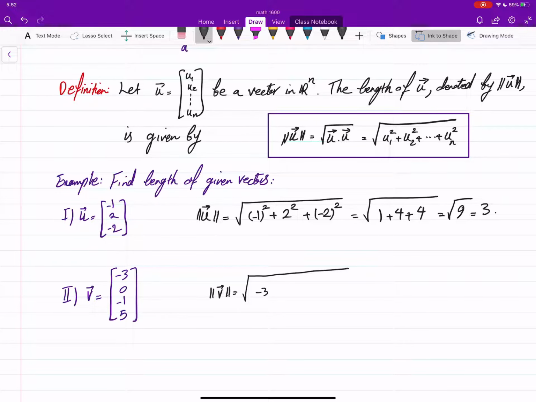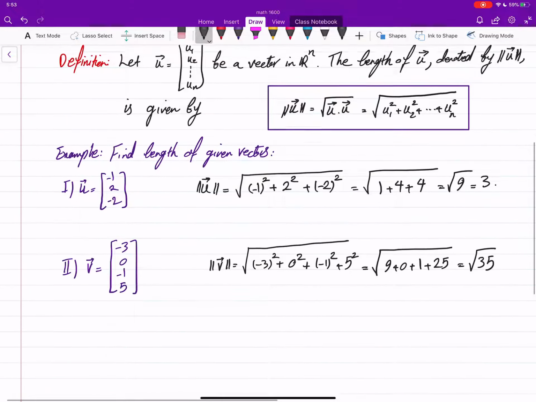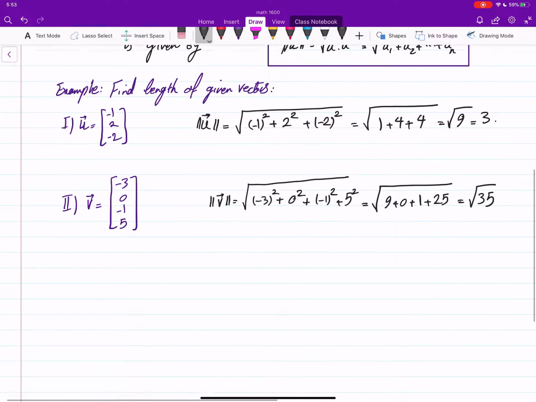So it will be negative 3 squared plus 0 squared plus negative 1 squared plus 5 squared. This gives us 9, 0, 1, 25, and that is root 35. Okay, so that's an example.